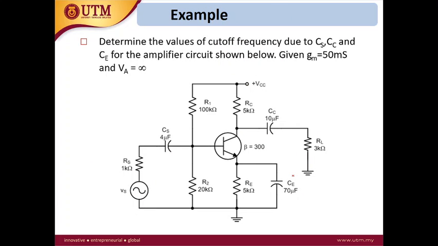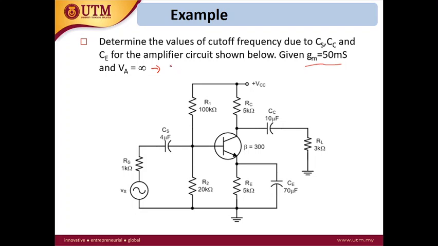So let's see the example. Let's say this is a common emitter with the bypass capacitor. We have CS, CC, and CE given, and then gm is also given, 50 millisiemens, with VA equal to infinity.